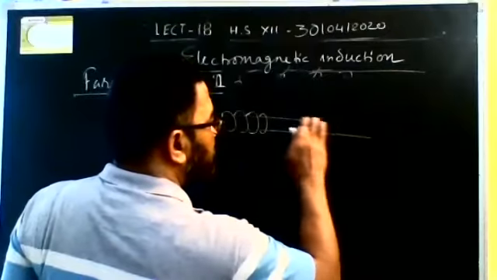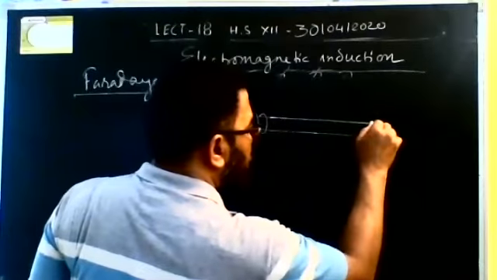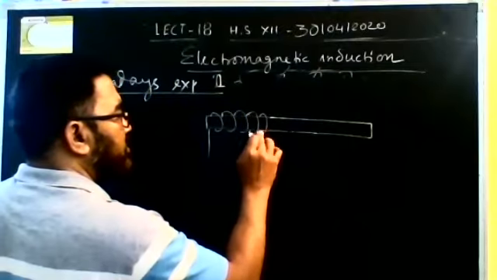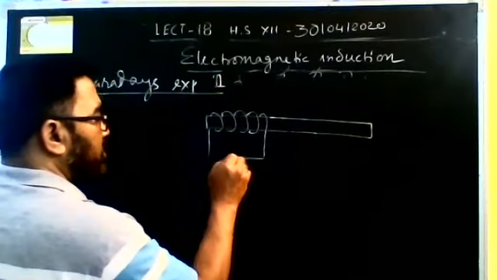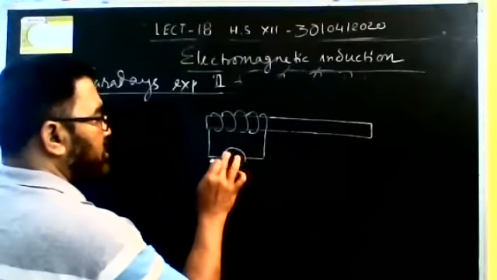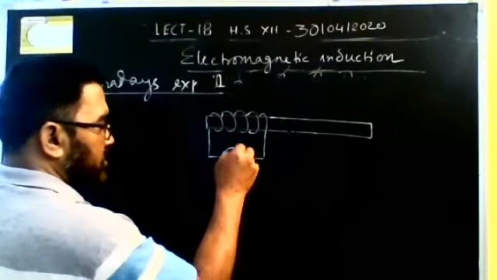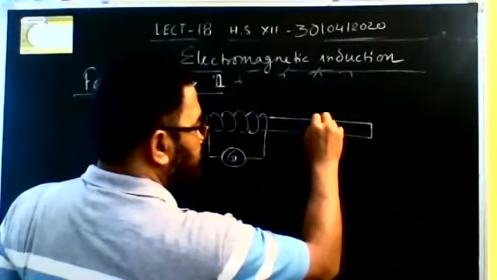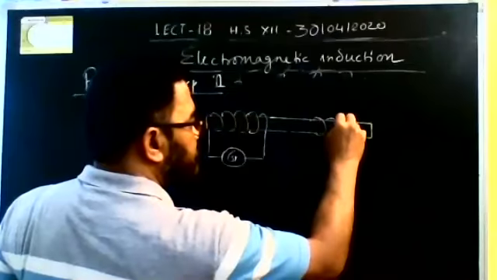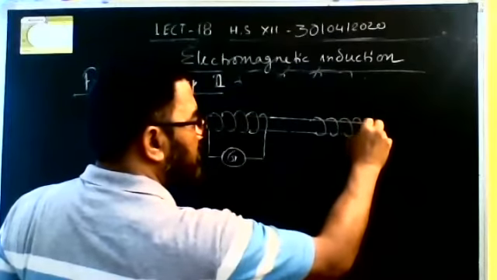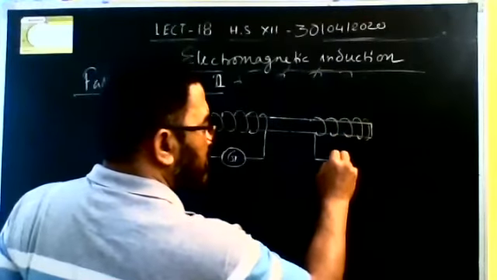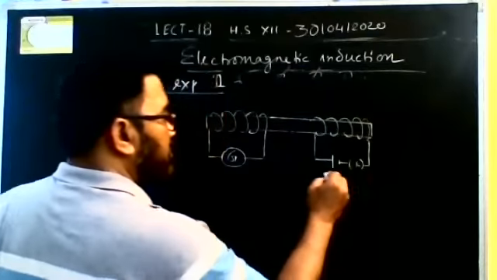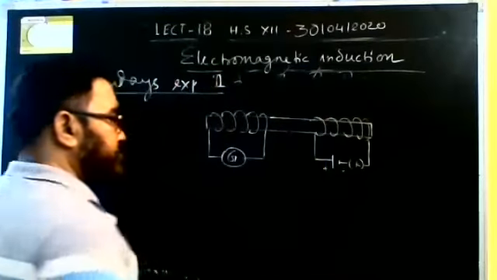In the second experiment, this is soft iron core, and one coil is connected. This is galvanometer, and another coil which is also insulated. Okay, positive, negative, right?